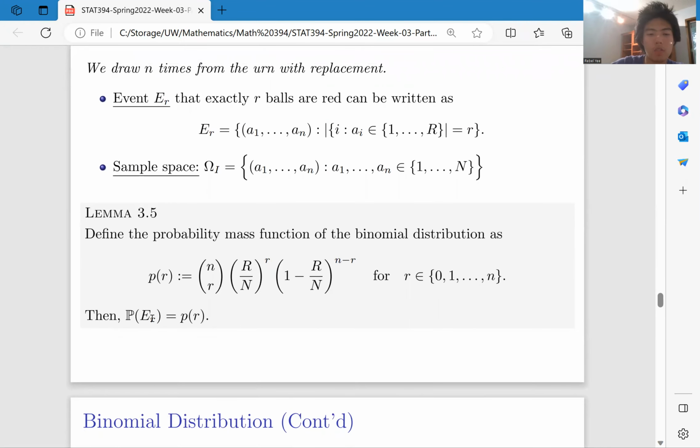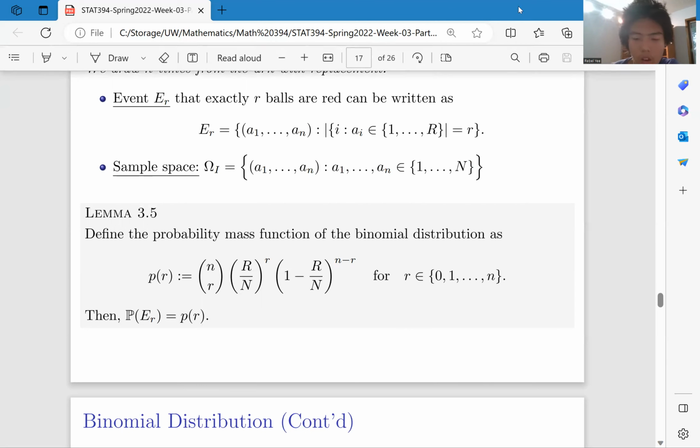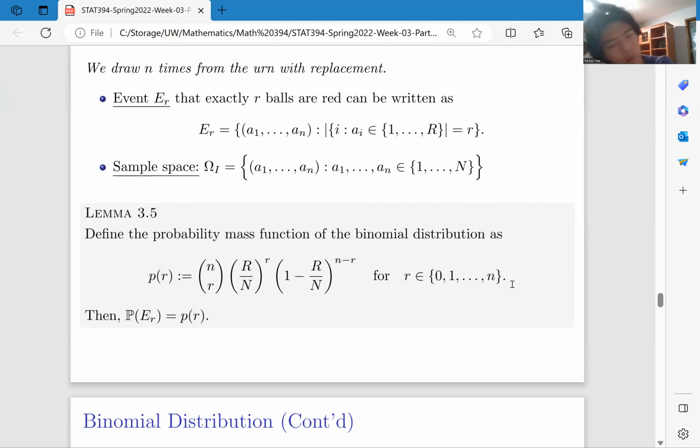The probability of E_R, the probability mass function P_R, is equal to N choose R times (R divided by N) to the power of R times (1 minus R divided by N) to the power of N minus R, and R is in the range of 0 to N. This is reasonable because R cannot go beyond N, to have more reds than balls, or be negative.